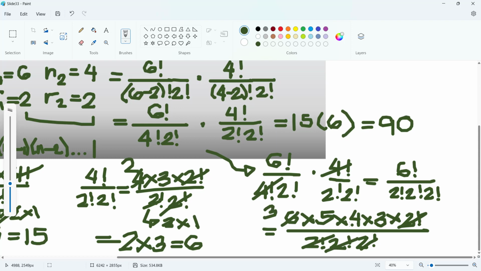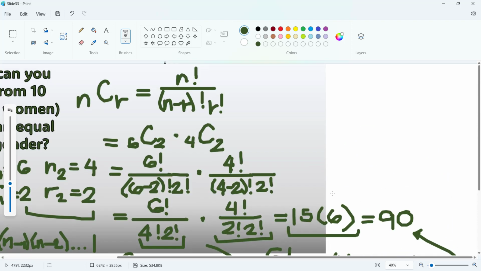I also canceled 2 here, leaving 2. So that's 3 times 5 is 15 times 2, 30 times 3. I will still have the same result of 90 combinations. So basically, you can answer this separately, then multiply the separate results, or you can automatically apply the cancellation law here if it's easier for you.